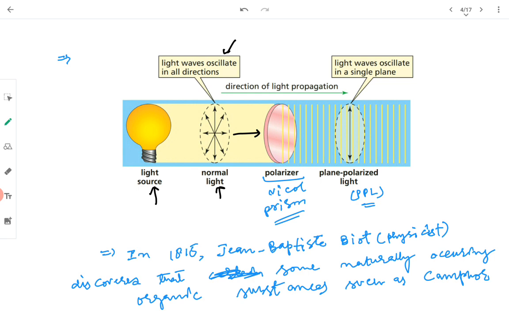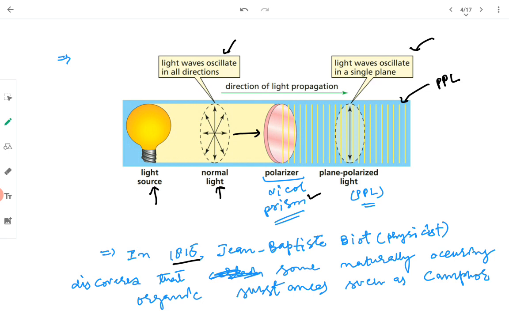The emerging light from this Nicol prism is known as the PPL, the plane polarized light. The light oscillates in a single plane only. I hope it's clear. This was all about plane polarized light, and we are going to utilize this concept in the next few slides.